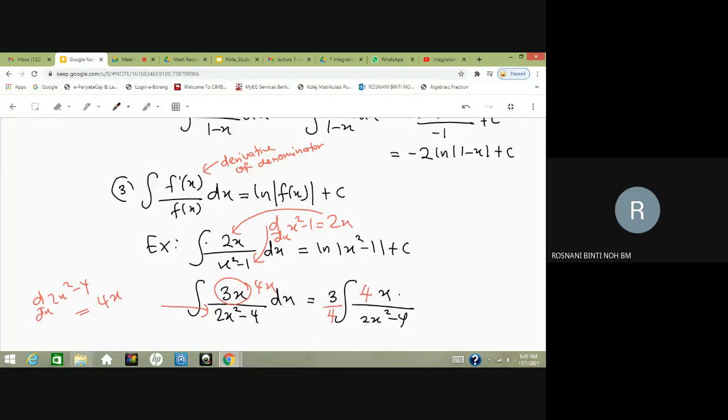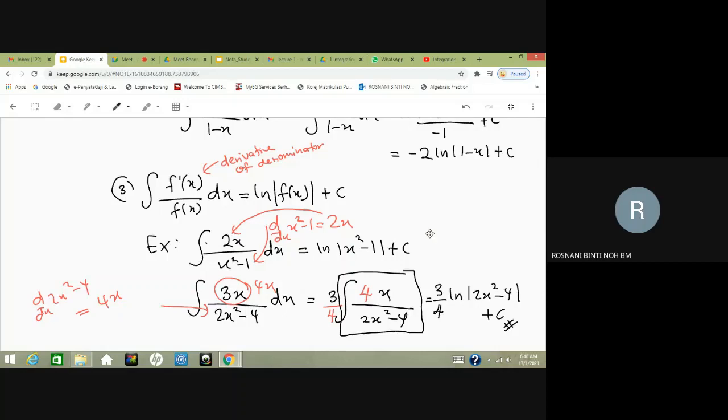So now 4x over 2x squared minus 4 is the f prime x over fx form. So 3 over 4 is the coefficient here. ln |2x squared minus 4| plus c. Done.